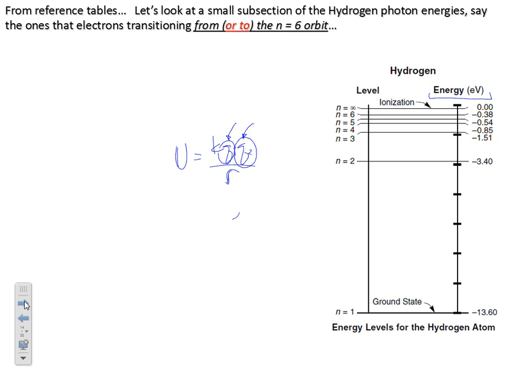And remember also, the bigger R gets, the bigger the separation between the two, the smaller the energy. But it's negative. So that's why this graph actually looks like that.